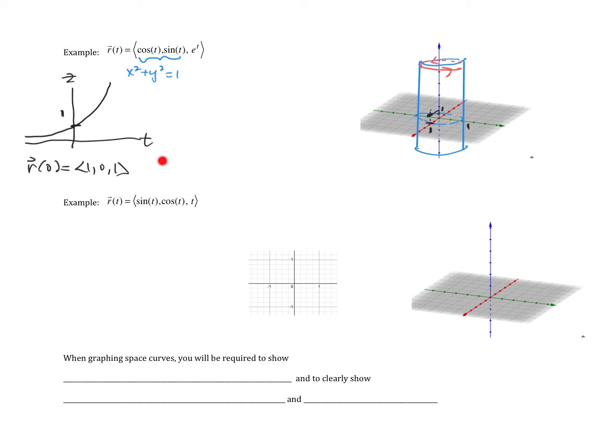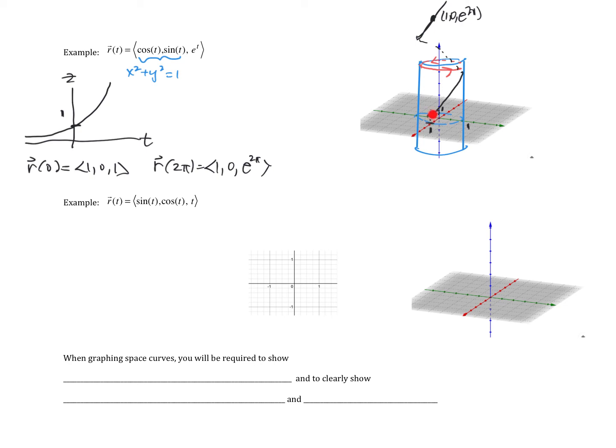By the time we get around, if I put in 2 pi, I still get 1, 0 again, but now I get e to the 2 pi. And that's a really big number. So as I go around back like that, it's off the charts. This is 1, 0, e to the 2 pi. So it's very stretched out.